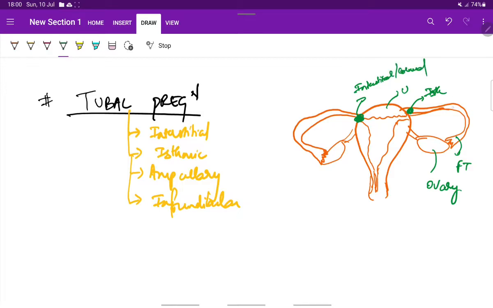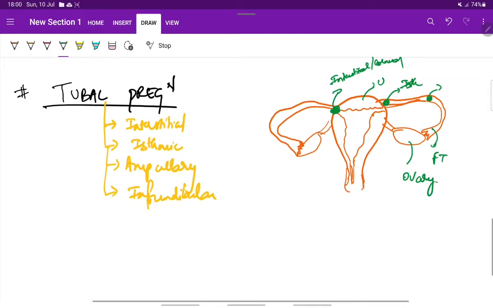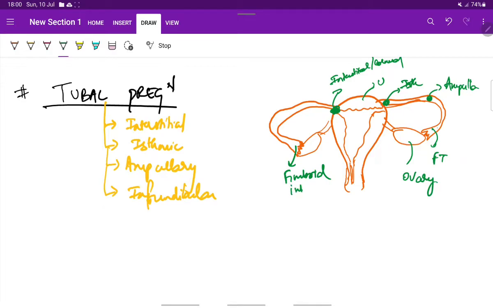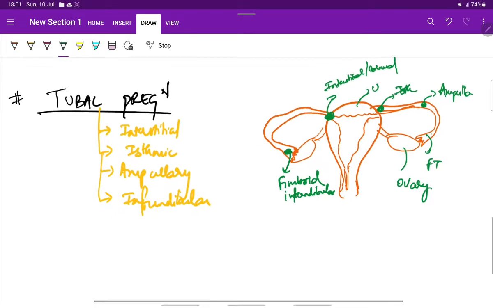Then the other sites include, this being the ampulla, and here will be the fimbrial. This is the ampullary, this is the isthmic, interstitial, and the fimbrial infundibular. These are the four sites of tubal pregnancy.